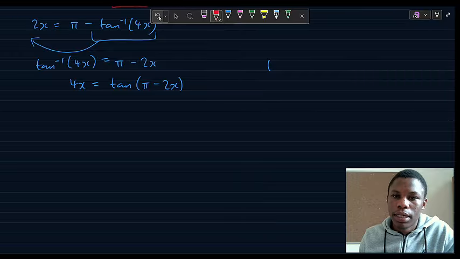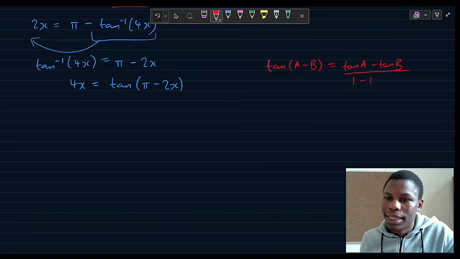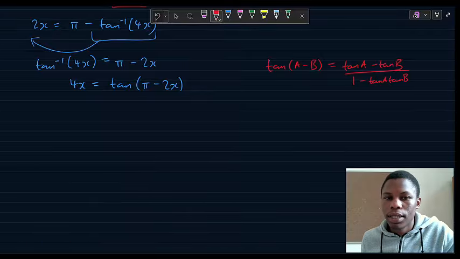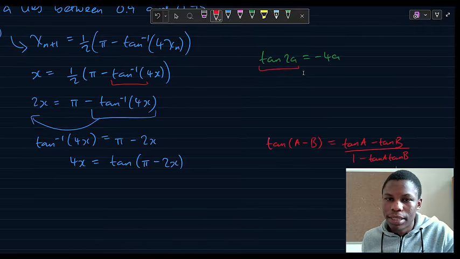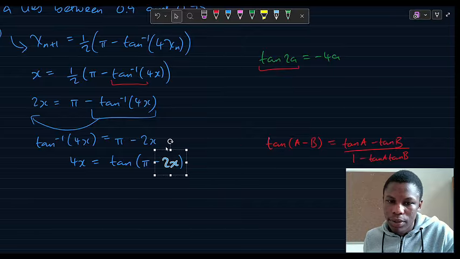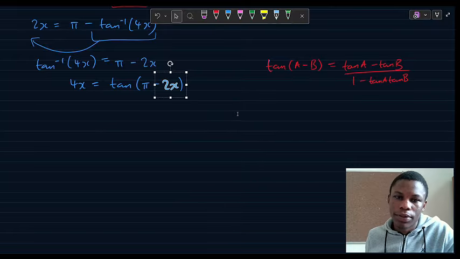We know that tan of A minus B is tan A minus tan B all over 1 minus tan A tan B. The reason I've decided to use this is because I can see that I want something of the form tan 2x, which is right there.